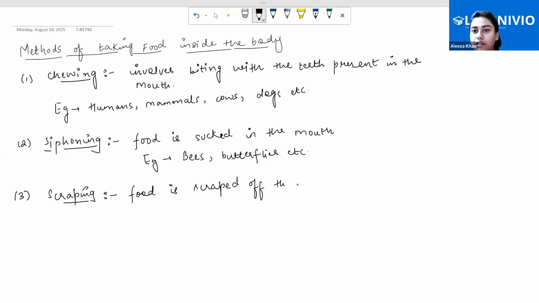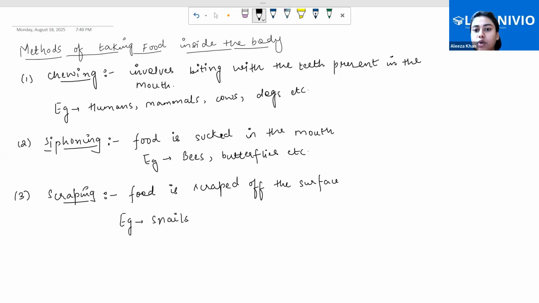How can it be possible and in which organisms? Let's say I'm giving you an example for scraping, which is done by the snails.